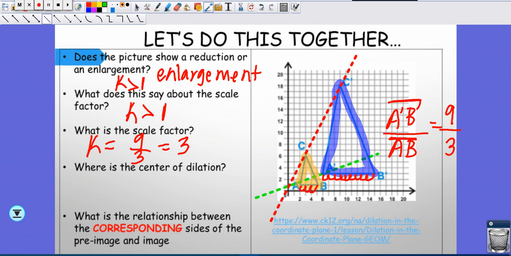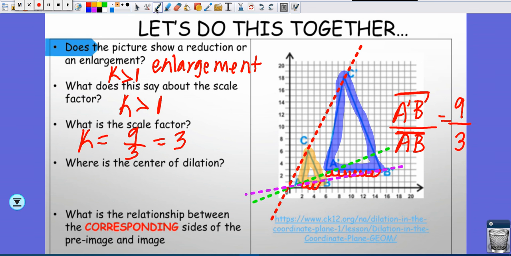Notice I'm making sure that I extend my line out past the segments, because I'll show you in a second what I'm looking for. And then I'm going to connect B and B prime together. You see where all of these lines cross, and I'm going to circle that in black. All of these lines intersect at the coordinate 0, 0. So my center of dilation here is 0, 0.